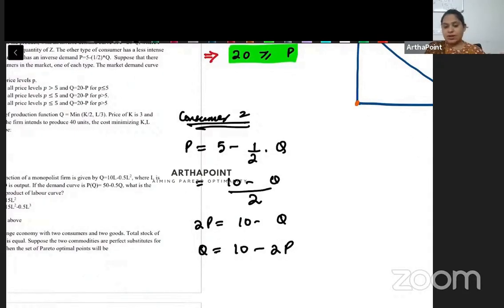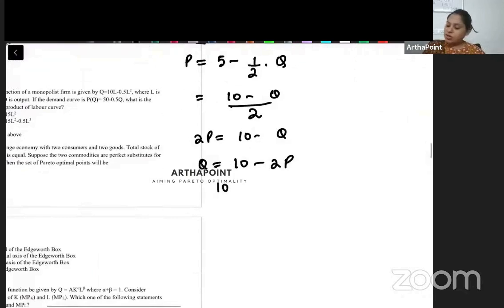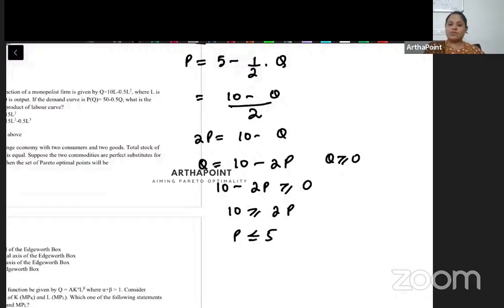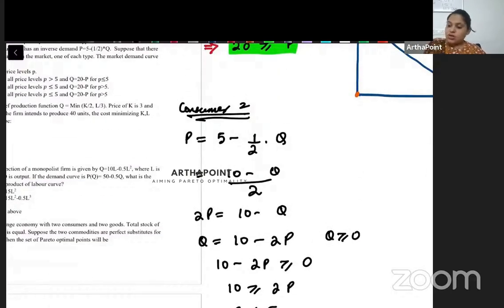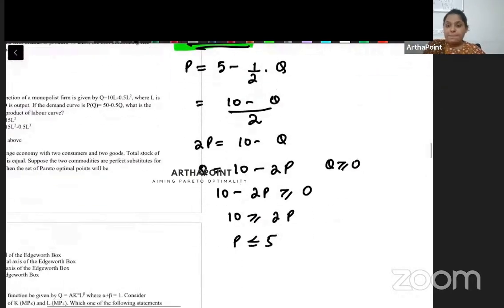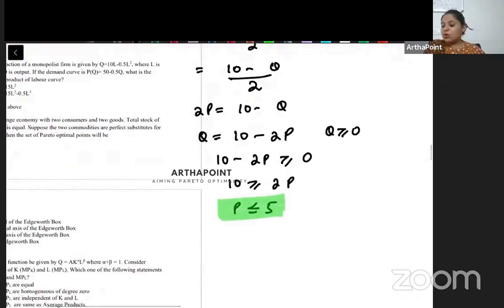Same concept has to be applied. The quantity can only be positive. Quantity cannot be negative. So quantity क्या हो जाएगी? 10 minus 2P greater than equal to 0. Because Q has to be positive. So 10 greater than equal to 2P. So P less than equal to 5. So this consumer beta will only buy if price is less than equal to 5.